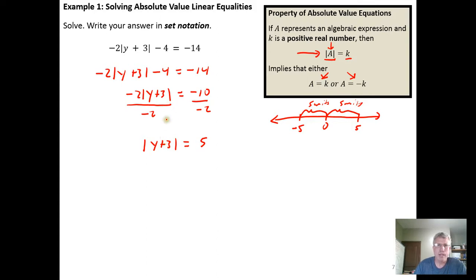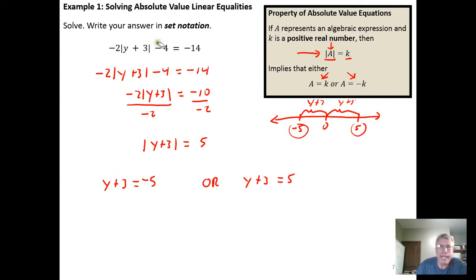So right here, we're going to break it into the two distinct equations. Either the stuff inside the absolute value is equal to negative 5, or the stuff inside the absolute value needs to equal 5. It either needs to equal negative 5 or 5 to be 5 units away from 0. Y plus 3 has got to be one of these two things.